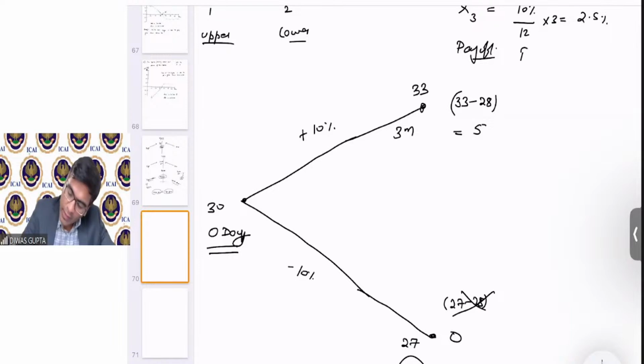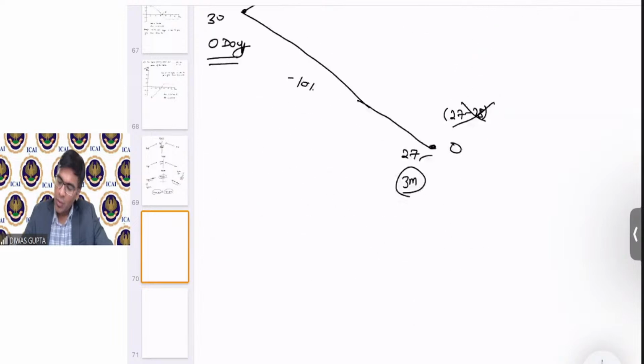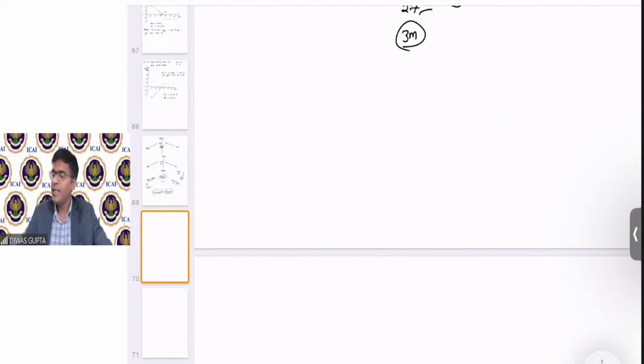Now we need to calculate probability. What is the probability that 33 price will be there and what is the probability that 27 price will be there? And accordingly, can we calculate the price multiplied by the payoff to arrive at the overall value? Yes, we can do. So for calculating a probability, there is a very simple and straightforward formula.